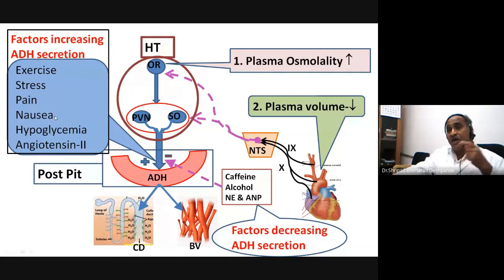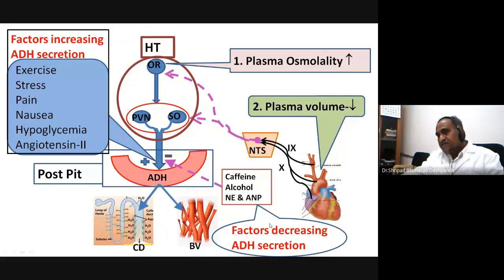Nausea or vomiting, through the vomiting center, because in anticipation there would be ADH secretion. That means the vomiting is happening, so it is a precaution, to maintain the normal osmolality. Then angiotensin 2 and hypoglycemia, all of these things activate or increase the ADH secretion.